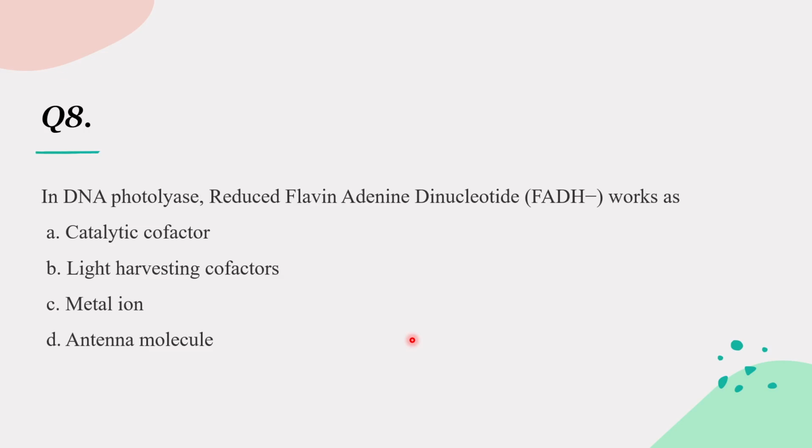So here another question is, if FADH, this energy molecule, is used by the mechanism, does it act as a catalytic cofactor, light harvesting cofactor, metal ion, or antenna molecule? Please try to answer.